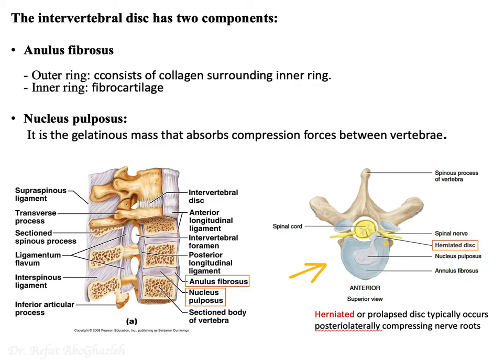The outer part we call the annulus fibrosus. This is the annulus fibrosus, in blue color. Even the annulus fibrosus itself can be divided into an outer ring and an inner ring. The outer ring is from collagen, and the inner ring is mainly fibrocartilage, right?